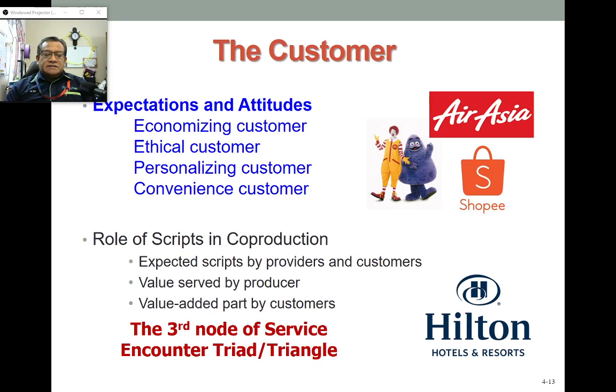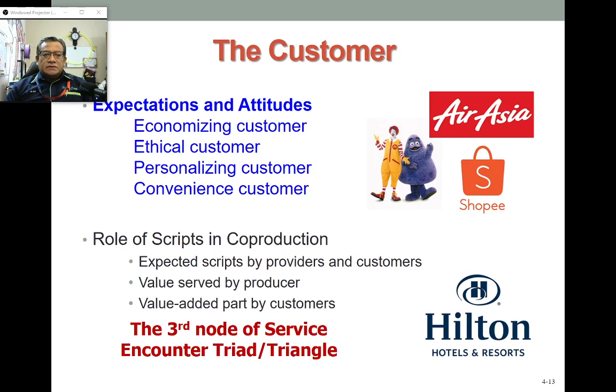The customer is looking to economize on the service of an airline like Air Asia. They are economizing on the airline ticket, so they are looking for a better bargain, because they want to get higher value for their income or purchase.